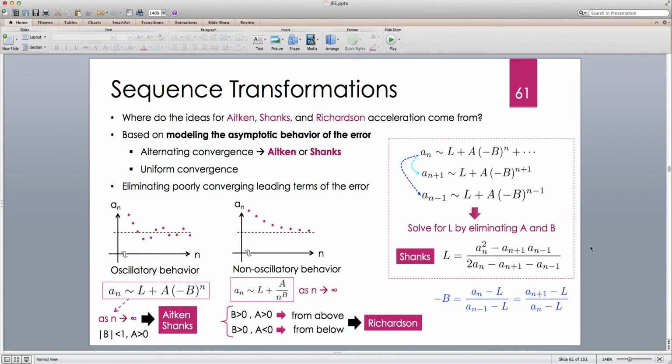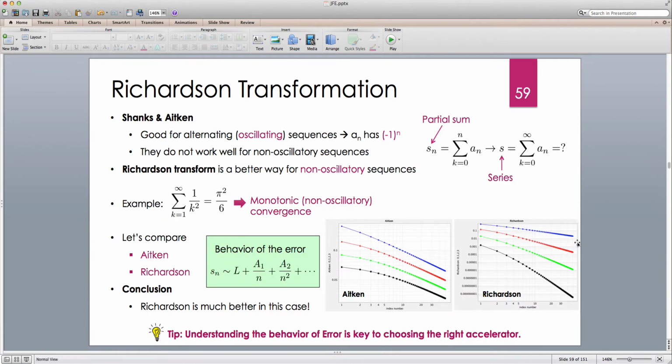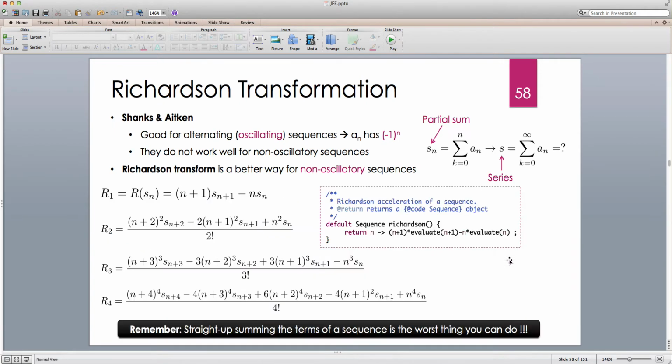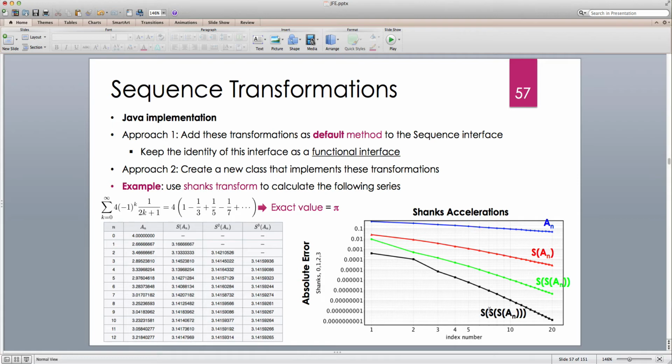The problem is that at some point, usually after 3 or 4 times of applying Aitken or Shanks consecutively, it becomes unstable for large n. So it is always advised to do only 3 or 4 times of Aitken or Shanks, as we have done before. We have never done anything more than 3 or 4.